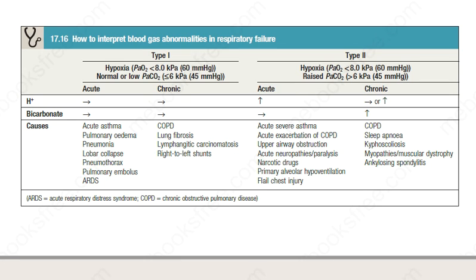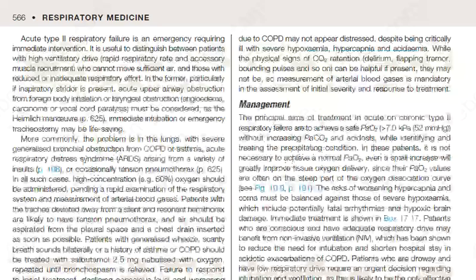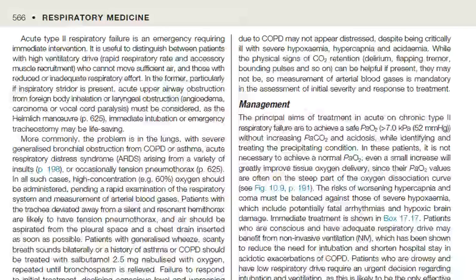In chronic type 2 respiratory failure, hydrogen ion is normal or increased, bicarbonate ion is increased. Causes are COPD, sleep apnea, kyphoscoliosis, myopathies or muscular dystrophy, ankylosing spondylitis.